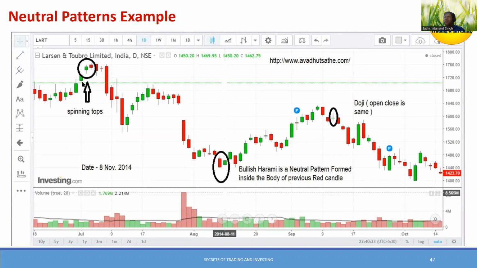So one example is called a spinning top, where the candles have a smaller body and smaller wicks, maybe on both sides. There is another example next to that one, which is not highlighted here. If you look, there is just a wick and a very, very thin body, or maybe almost no body.